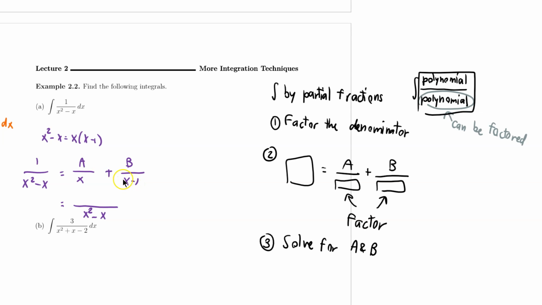If I multiply x minus 1 by A, that's Ax minus A, and then I multiply x by B, that's plus Bx. I can now collect the terms with x, so that's Ax plus Bx, which is A plus B times x, and then minus A. This whole thing is over x squared minus x.